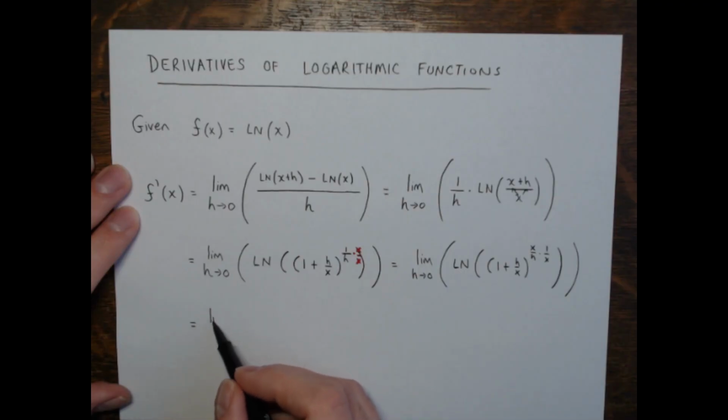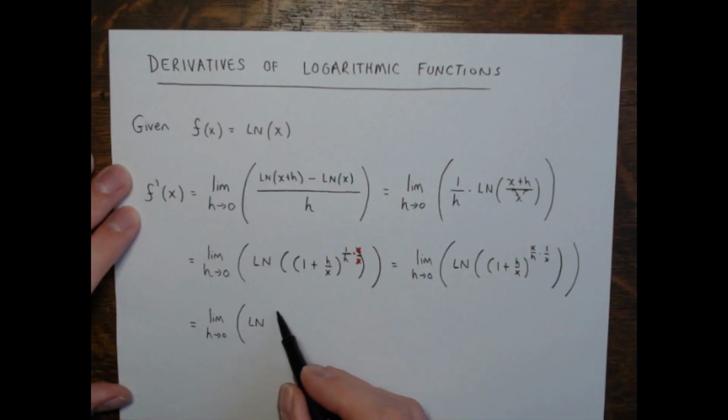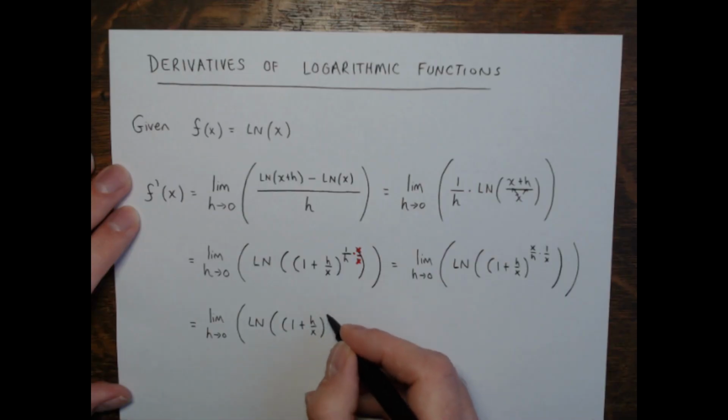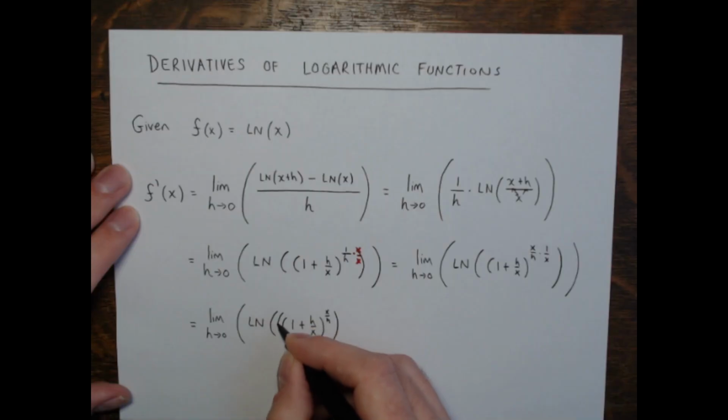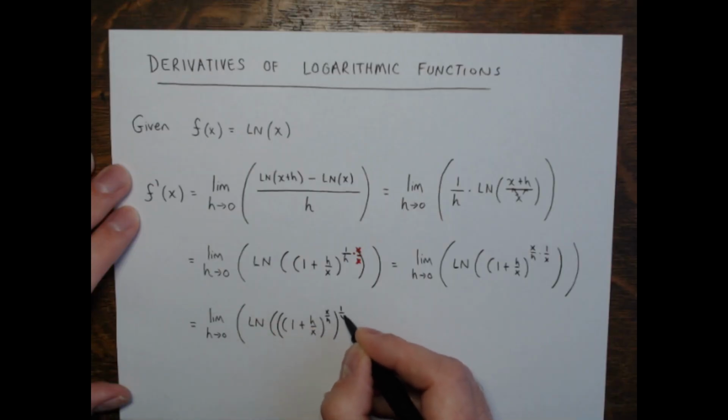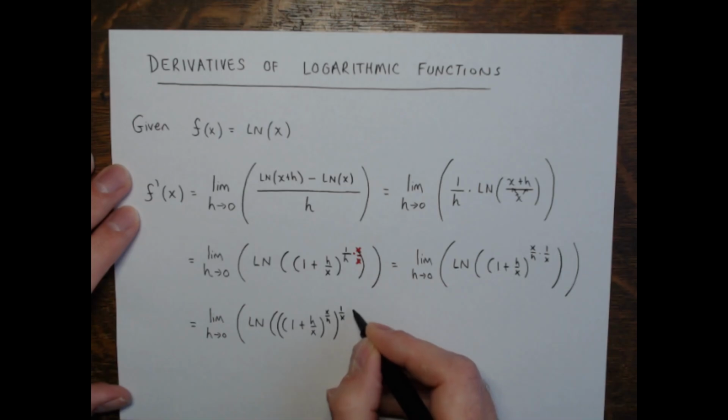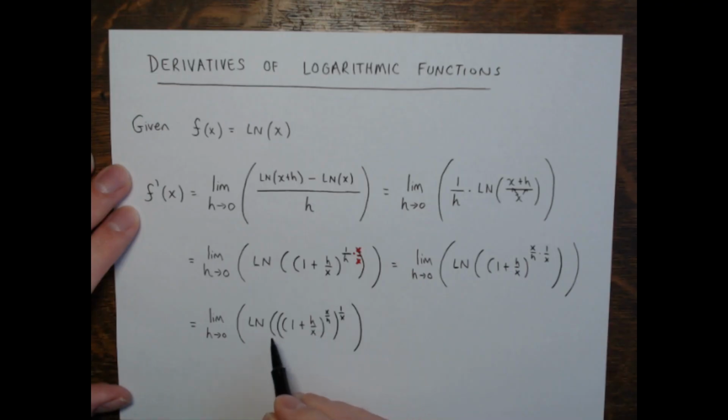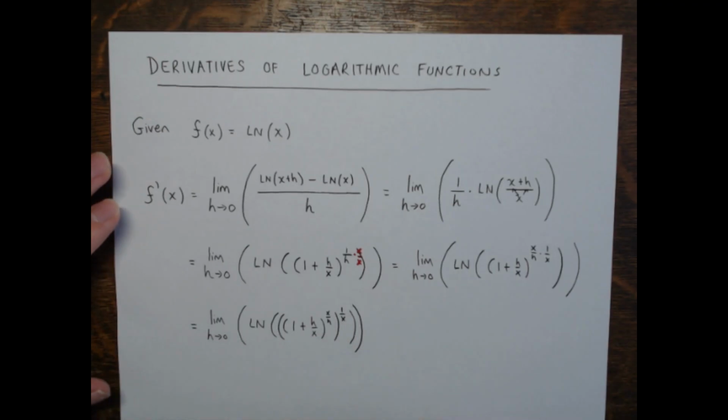So one more time, we've got the limit as h approaches 0 of the natural log of 1 plus h over x raised to the x over h, and then this again raised to the 1 over x. Lots of parentheses here. So there. 4 right ones, 4 left ones. Okay.